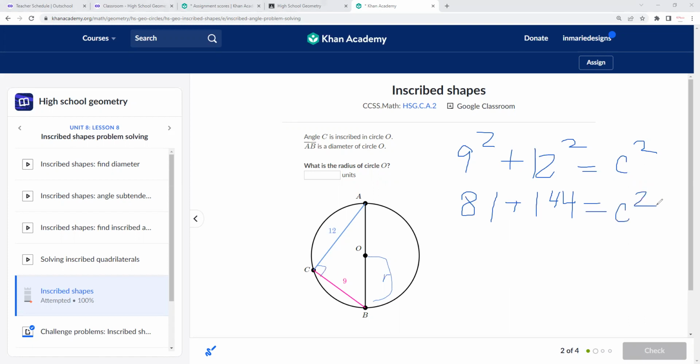So we have 81 plus 144, which is 225. Take the square root of both sides. That will get you your C. C is equal to the square root of 225, which is 15. So this is 15, this entire thing. Split that in half and you get 7.5 for your radius.